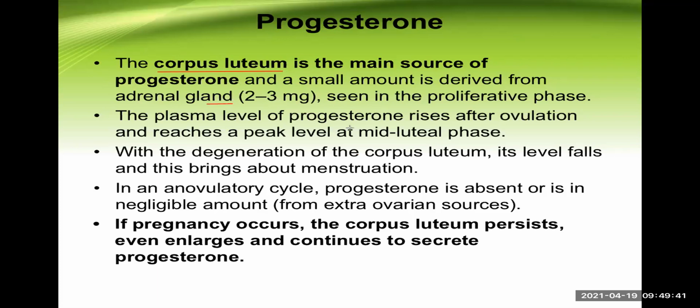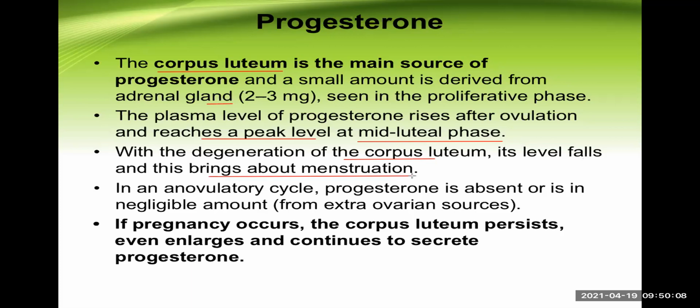The plasma level of progesterone rises after ovulation and reaches a peak level at the mid-luteal phase. Mid-luteal phase, okay, somewhere between the ovulation and the menstruation. Exactly the middle part of that is the mid-luteal phase. With the degeneration of the corpus luteum, the level of progesterone falls, and this brings about menstruation.